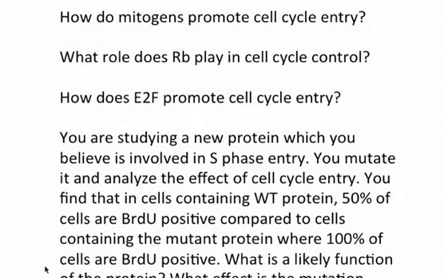When RB is phosphorylated, it does what? It releases E2Fs, right, which can go on and activate more gene expression, allowing S CDKs to be active and starting S phase. So you don't need to memorize that whole thing. You could just say it's a signaling pathway that activates MYC, which then activates S cyclins.